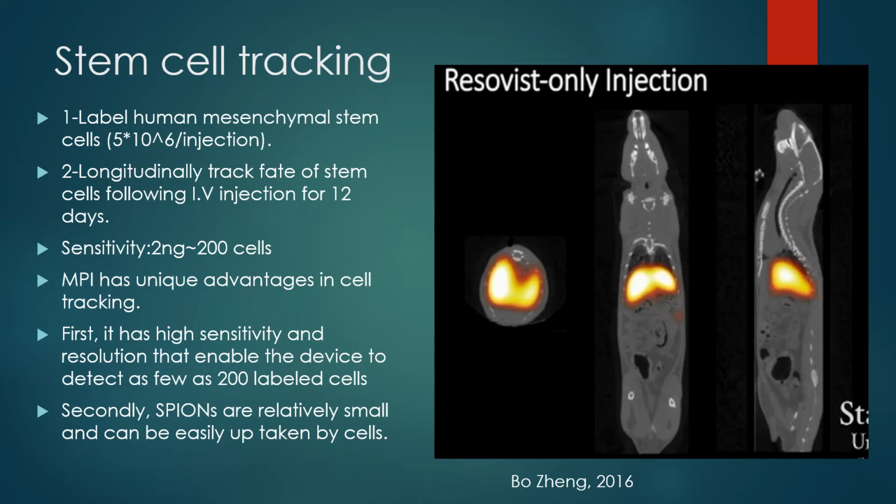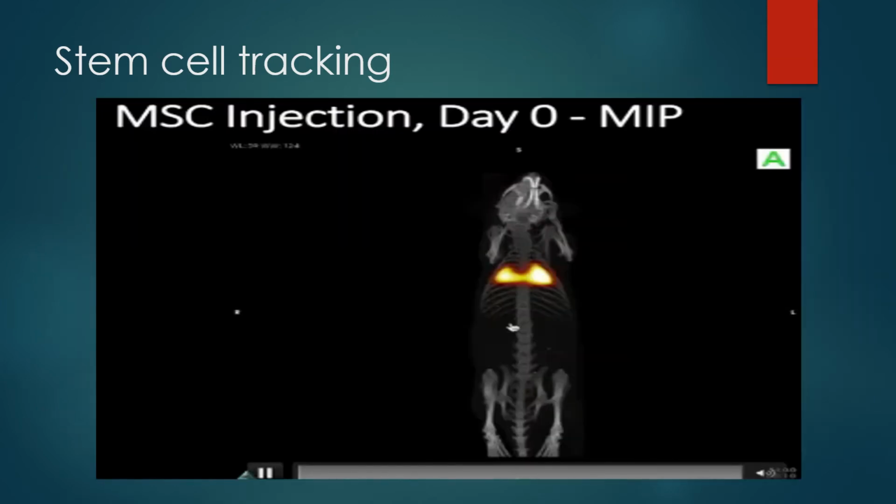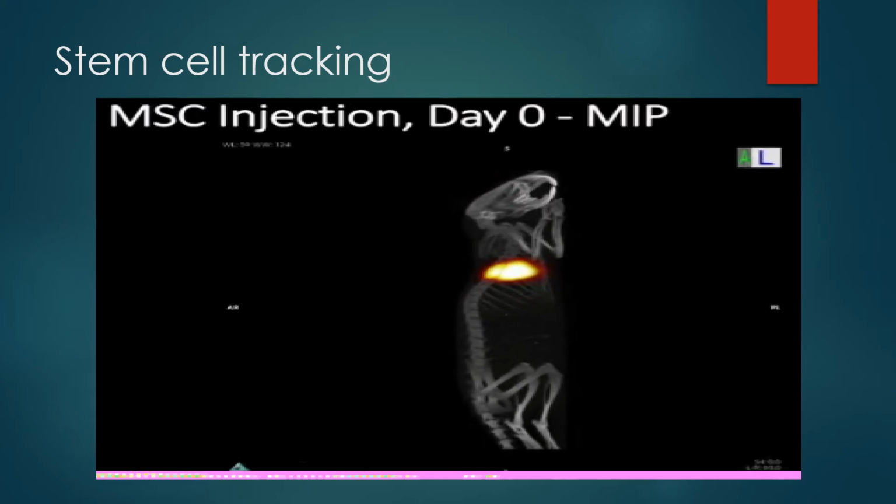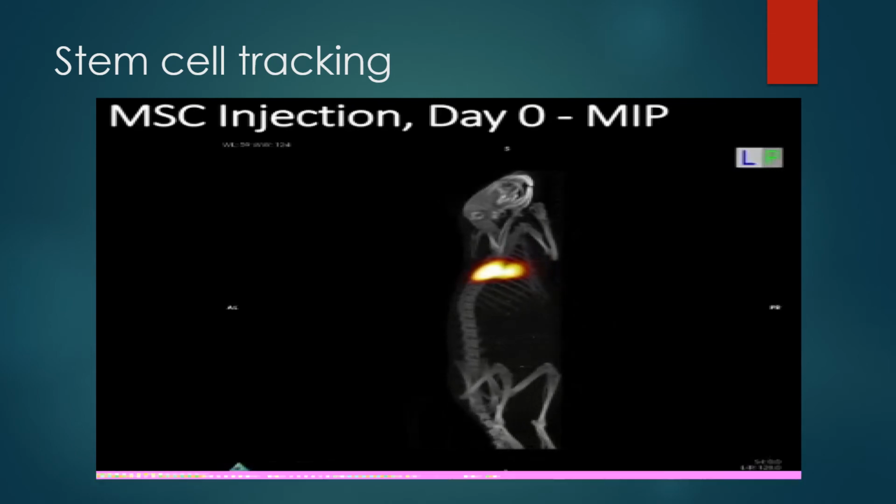And secondly, these superparamagnetic particles are relatively small and can be easily taken up by the stem cells. And this is a video. This is the three-dimensional image of the MSC cells which are stuck in the lung of the mice.